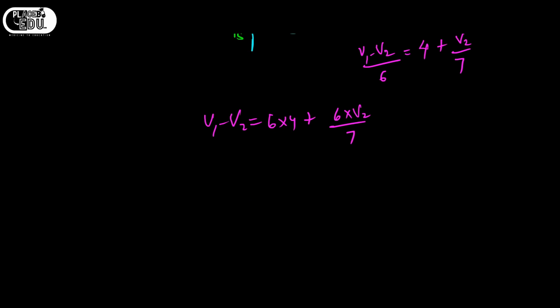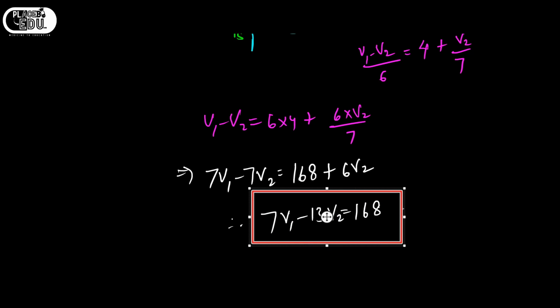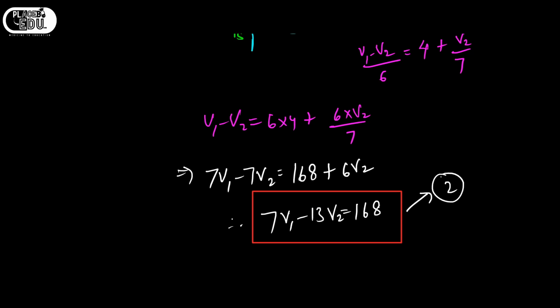Now taking 7 this side, 7V1 minus 7V2, and 6 fours are 24, 24 sevens are 168. Therefore 7V1 minus 13V2 is equal to 168. This is our second equation, our second KCL equation.